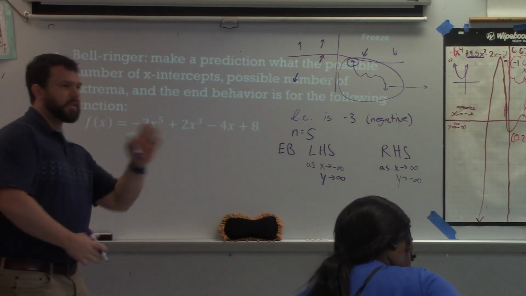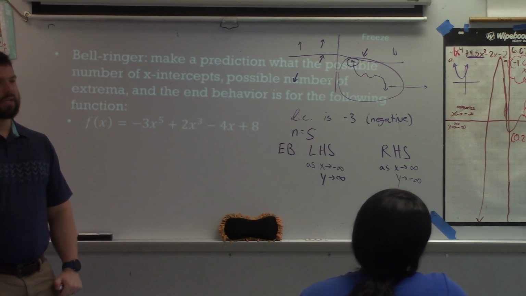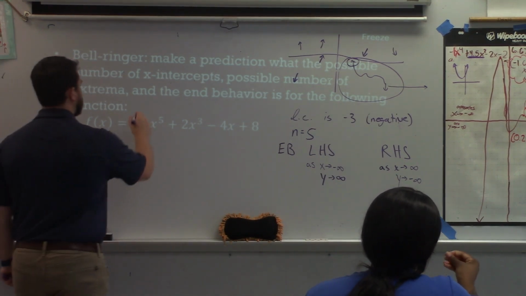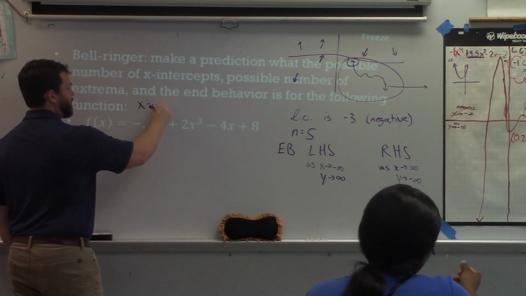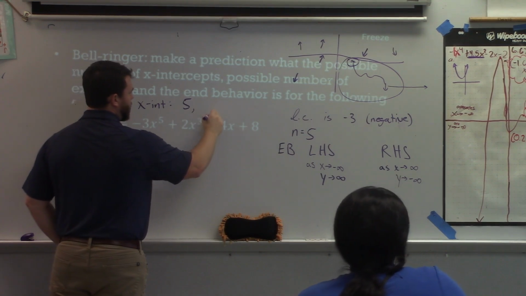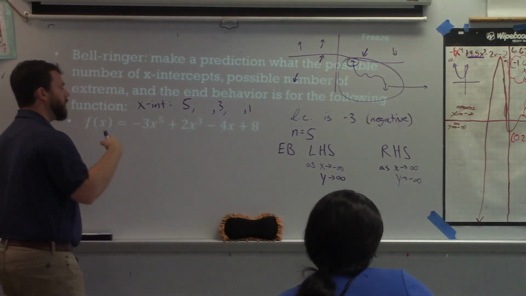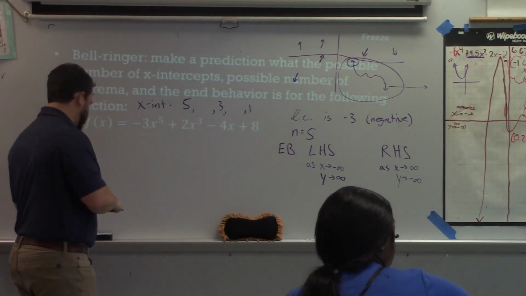Now, this next piece, I need you to see this. How many x-intercepts could this function have? 3 and 4. It could have 5. It could have 3. Or it could have 1, but I think you're mixing something up there. I want you to think about this.